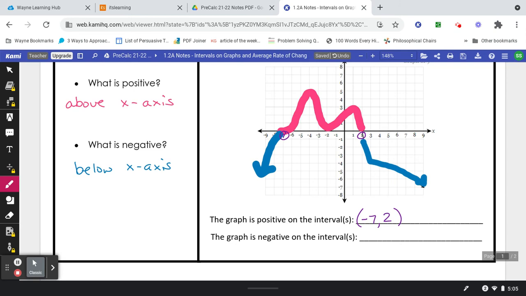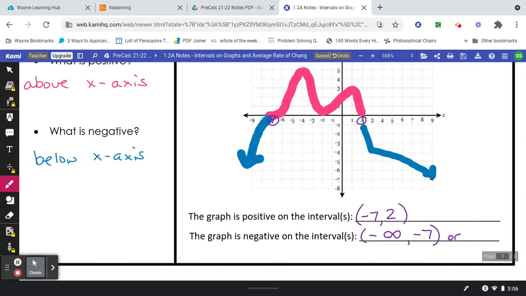And then the negative intervals, the blue intervals, would be from -infinity, since that arrow is kind of going off to the left, all the way to -7. And we use the word or. And it goes negative again at 2 all the way till infinity. It just kind of keeps going in that direction.